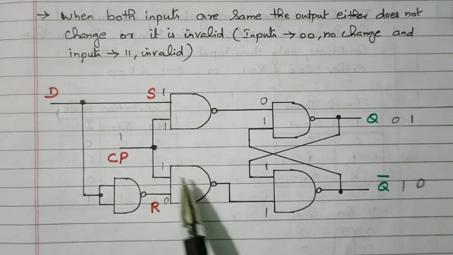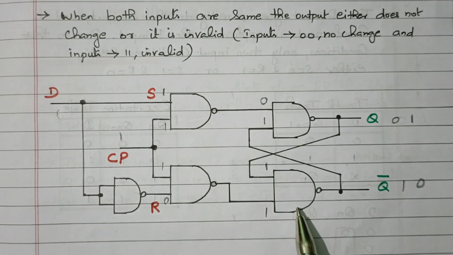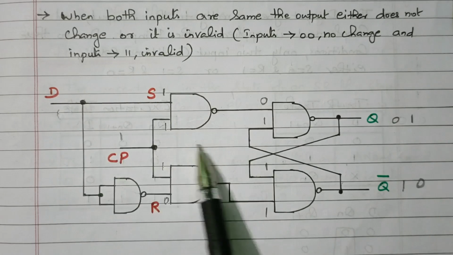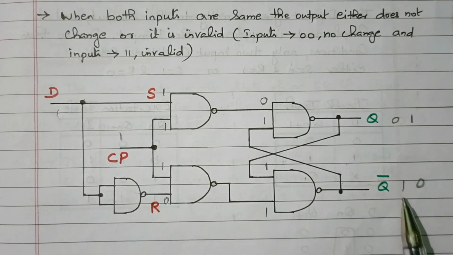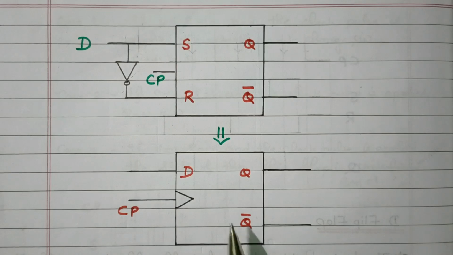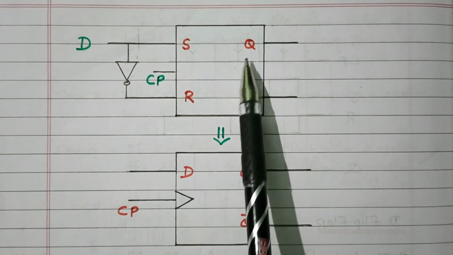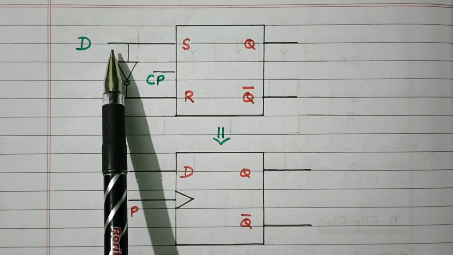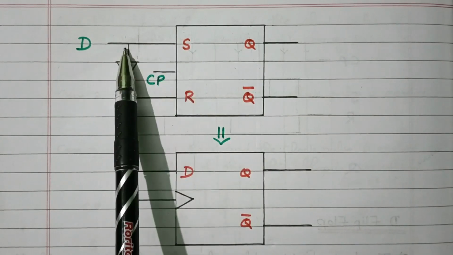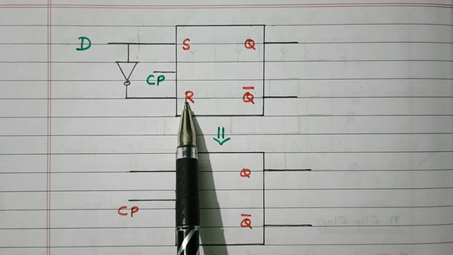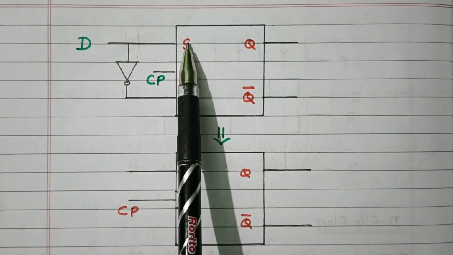These sample inputs we'll see later. Now we'll see the further details, the truth table and excitation table. Then we'll see a sample example of how the input and outputs change. So this is the basic symbol: S and R, SR flip-flop, output and complement of output. The D input is given to S, the inverted D input is given to R. So S and R will always be inverted.